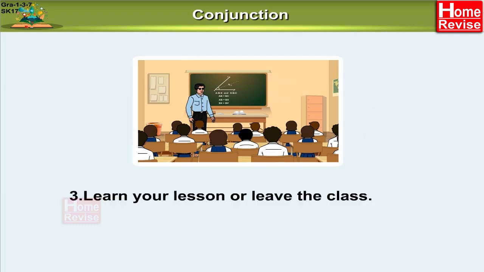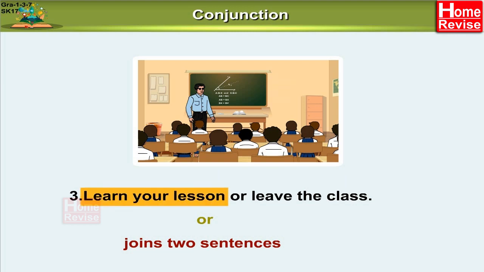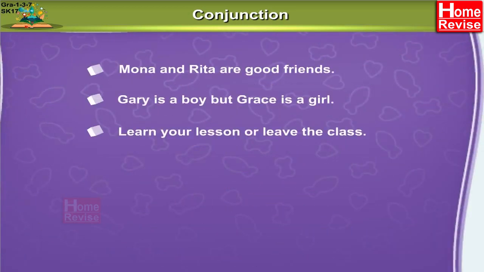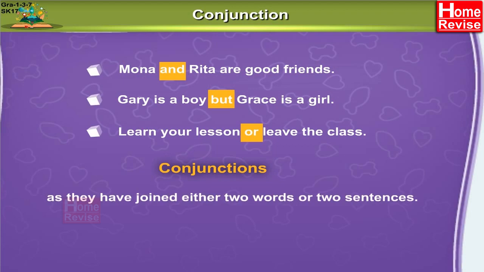Learn your lesson or leave the class. In this sentence, or joins two sentences. Learn your lesson and leave the class. Thus, and, but, or are conjunctions as they have joined either two words or two sentences. So did you get that till now?